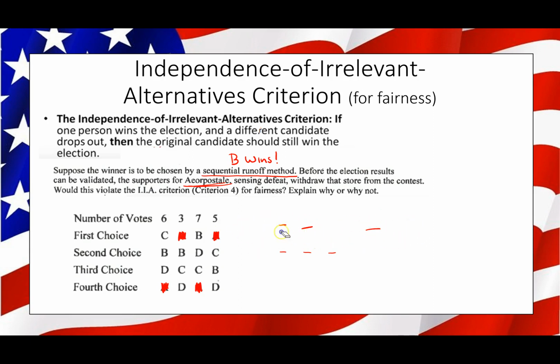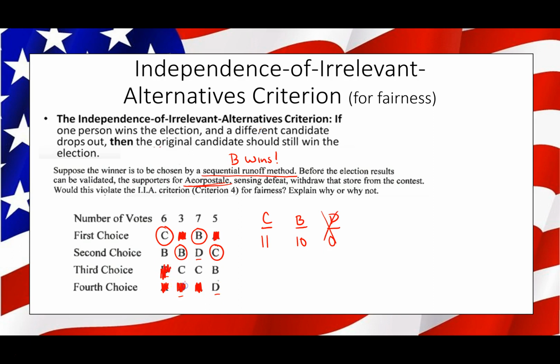We have to count the number of first place wins from C, B, and D. C has 6 here and 5 first place votes here, so that is a total of 11. B wins this and this, so that would be 7 plus 3 is 10. And look at D. D hasn't won any first places, so D's at 0. So I can cross off D.